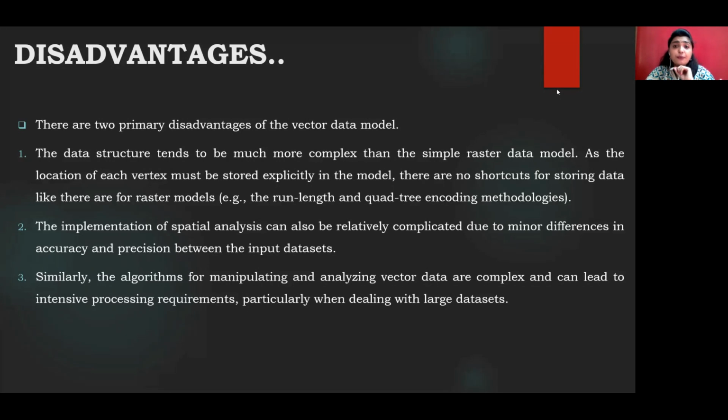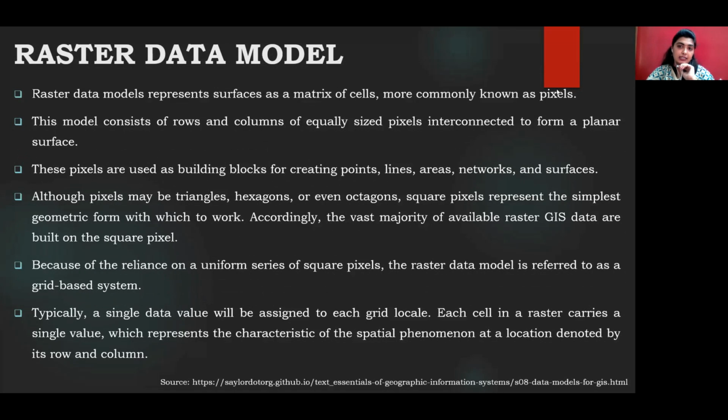So these are two primary disadvantages of the vector data model. Apart from that, you also have another disadvantage, which says that the algorithms for manipulating and analyzing the vector data are complex and can lead to intensive processing requirements, particularly when it comes to dealing with large data sets.